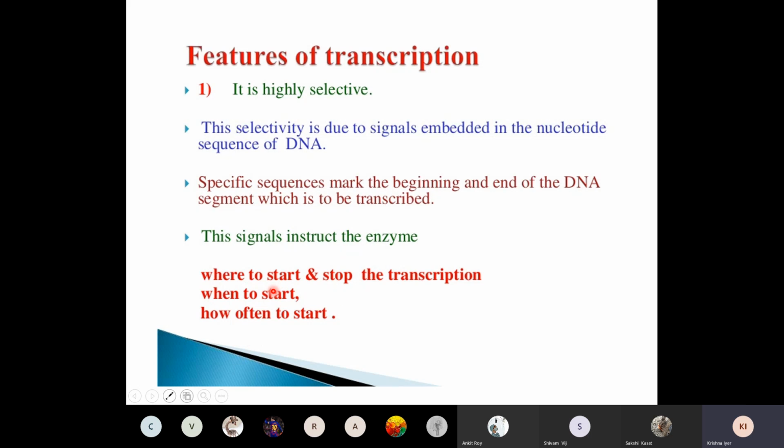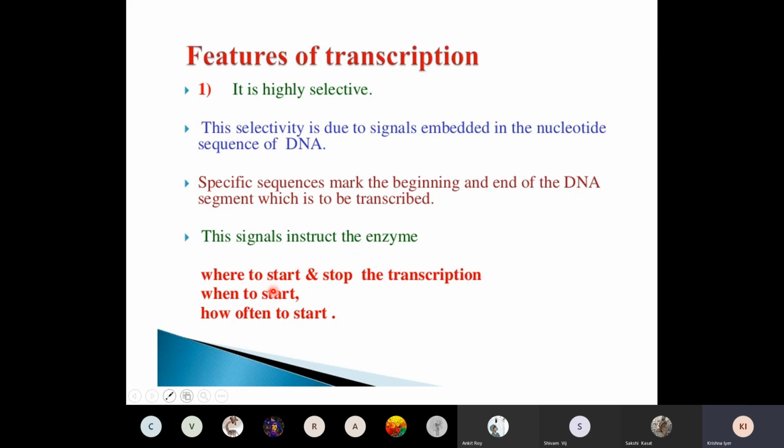There are sequences on the DNA which not only allow you to start and stop correctly, but also regulate how many times this is going to happen. So you know how much RNA you are going to get and how often you are going to get it.